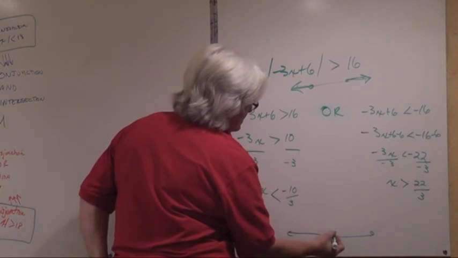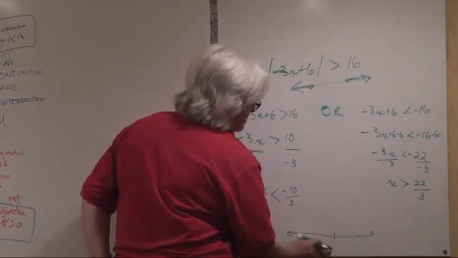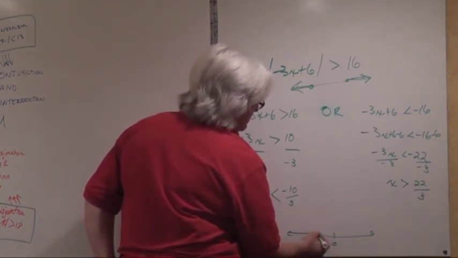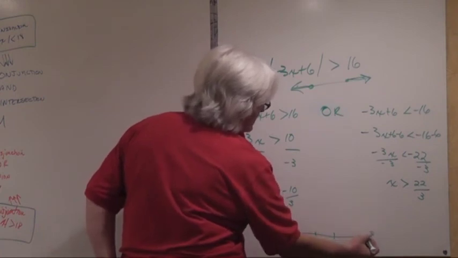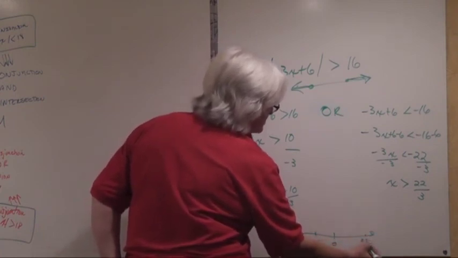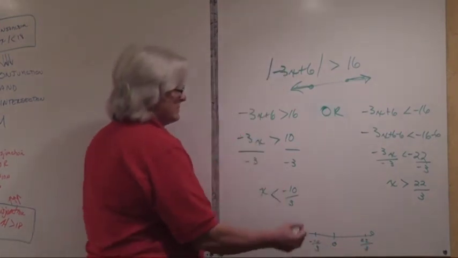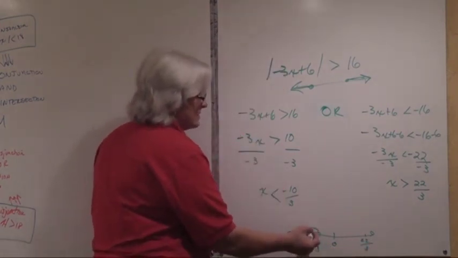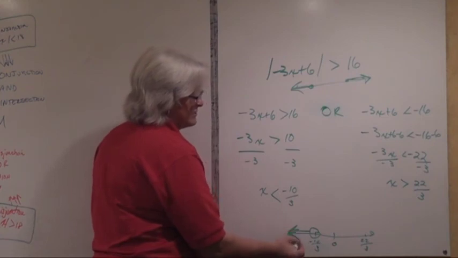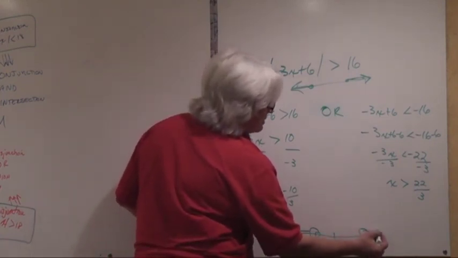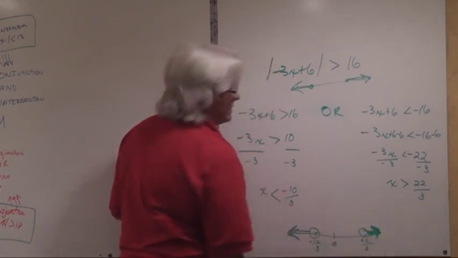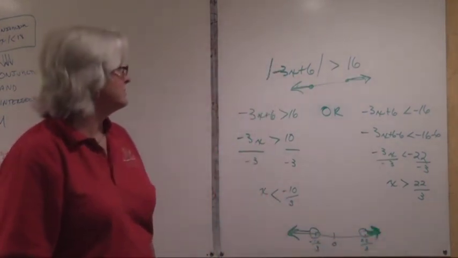Well, we have 0. We have, oh, maybe negative 10/3. Maybe a positive 22/3, which is about twice as far. Has to be less than negative 10/3. Has to be greater than 22/3.